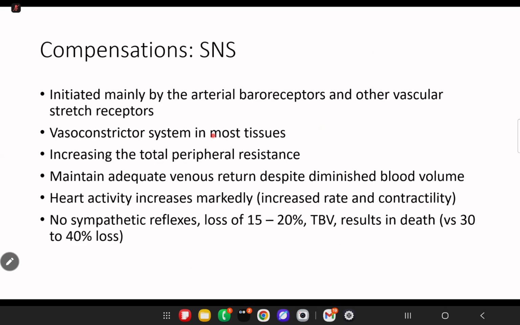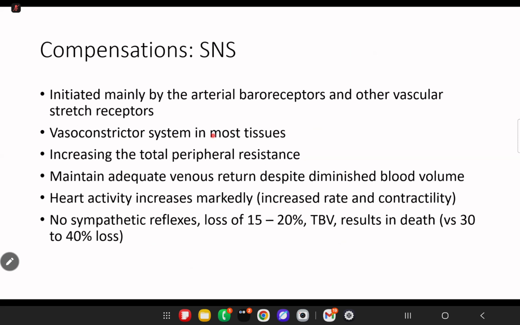Initially, the baroreceptors and other stretch receptors will get less stretched, and therefore it will trigger sympathetic nervous system stimulation, which will then result in all the vasoconstrictors being activated, increasing your systemic or peripheral vascular resistance to maintain adequate venous pressure despite your total blood volume being diminished. Then your heart rate and your contractility increase, thereby trying to maintain your blood pressure.